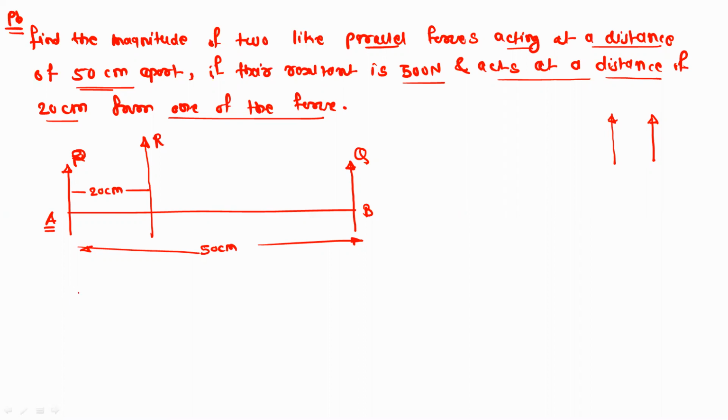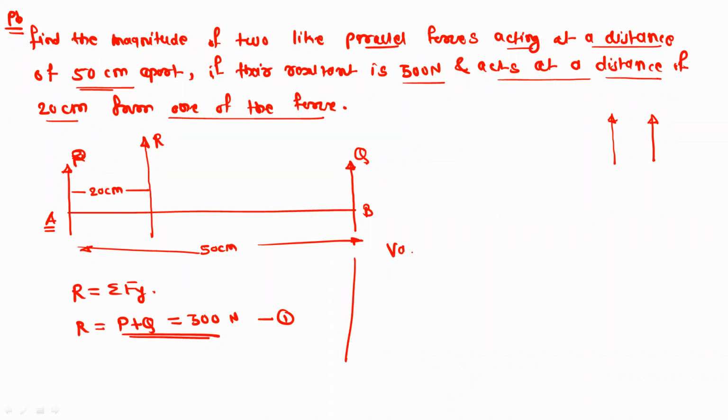So we can use R is equal to summation Fy. So R is equal to P plus Q, and the resultant is given as 300 Newton. So this is your first equation: P plus Q is equal to 300 Newton. The second equation we can find by using Varignon's theorem.